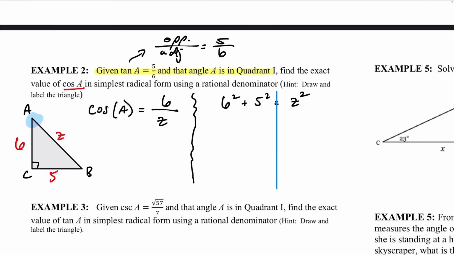So the hypotenuse always has to go on the other side of the equal sign. Always, always, always. The other two go on the other side. Solve it. Okay, 6 squared. 6 times 6 is 36. 5 times 5, 25, equals Z squared.